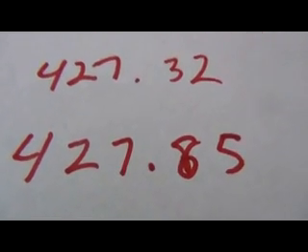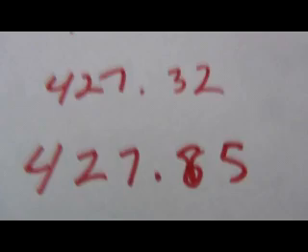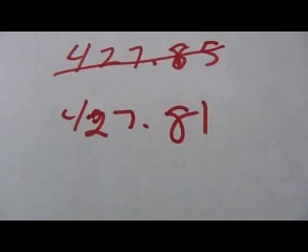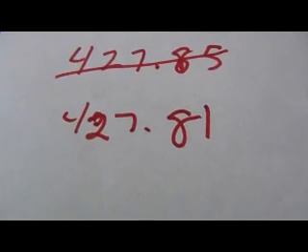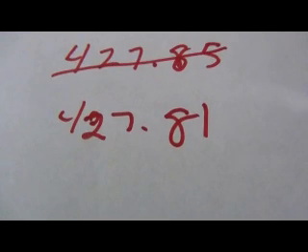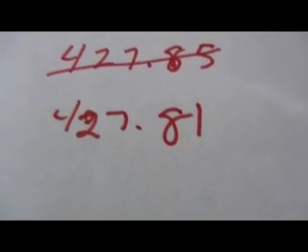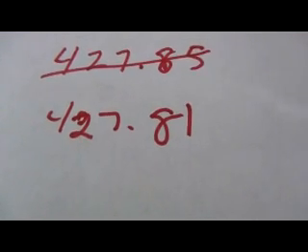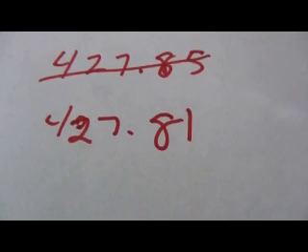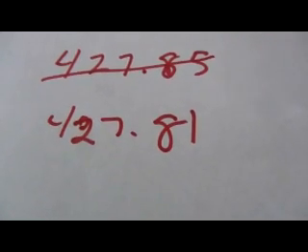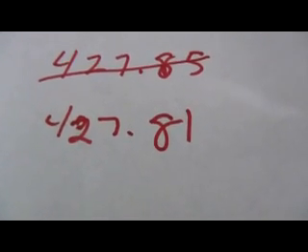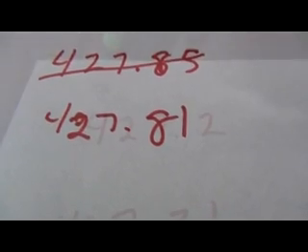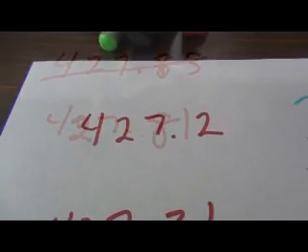I did it wrong. I drew a 5, I shouldn't have. So it's 427.81, sinoatrial node dysfunction. And these are all going to map to HCC 92, specified heart arrhythmias, otherwise known as dysrhythmias.